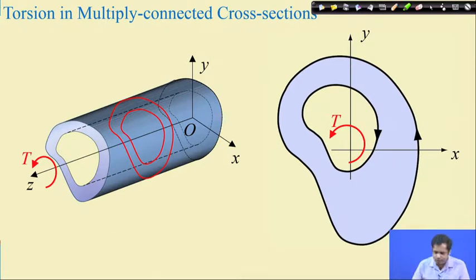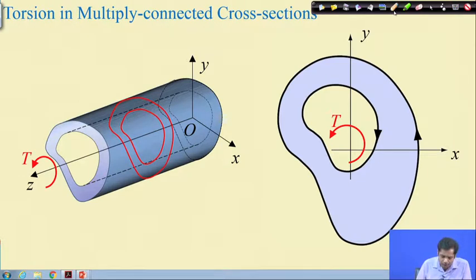Very similar to our usual notation, this is the cross section, represented as R, and the lateral surface is S. Since we do not have just one lateral surface, we have outer surfaces and inner surfaces.